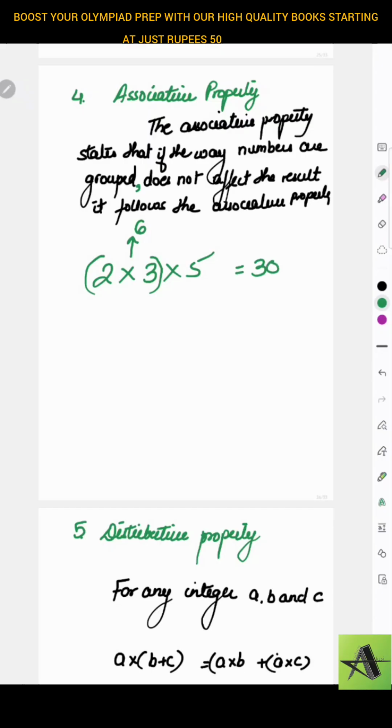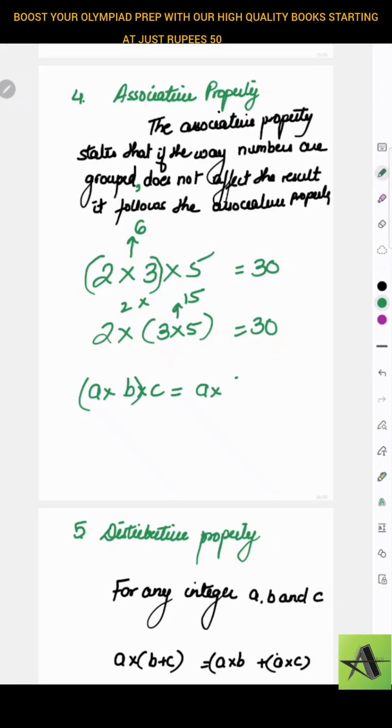Now I have changed the way of my grouping and put 3 times 5 inside the group. This will give me 15 and 15 multiplied by 2 will give me 30. So you can clearly see it doesn't matter in which way you are grouping it, the answer is still the same. So I can say (a times b) times c is equal to a times (b times c).